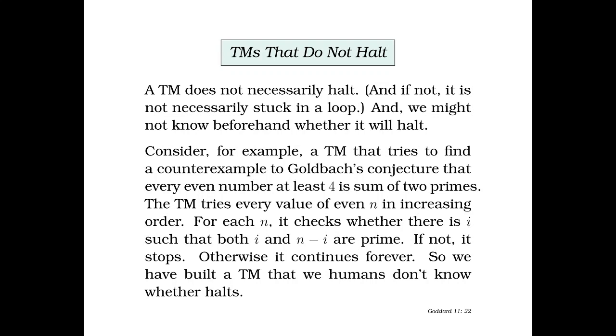So for each n, it checks whether there is an i such that both i and n minus i are prime. So you take the two numbers and they must be primes, and when you add them up, you find the number n. If that does not happen, it stops. Otherwise, it's going to continue forever. So basically we built a Turing machine that we humans are not going to find out if it's going to halt or not.